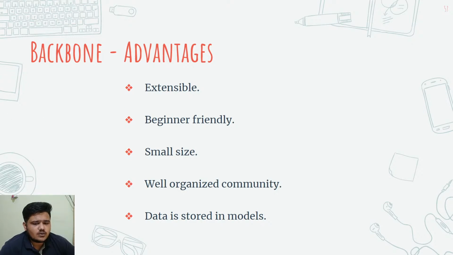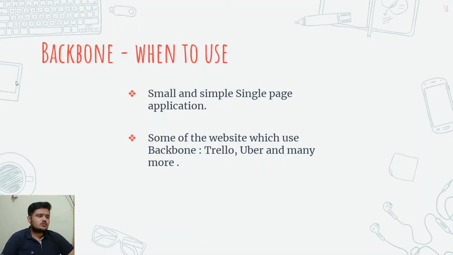Moving forward, let's check when to use Backbone. Backbone is a good choice for building single page, small and simple web apps. However, it can come in very handy when working with a bigger project, as it helps to keep app logic separated from the UI, and also avoids spaghetti code, and thus lets you maintain a better design with less code.